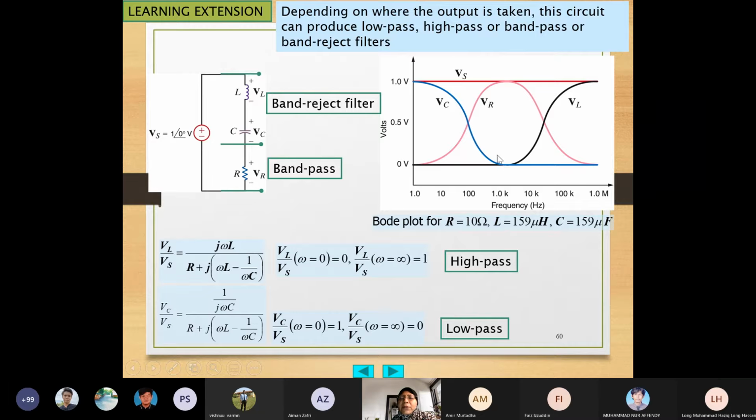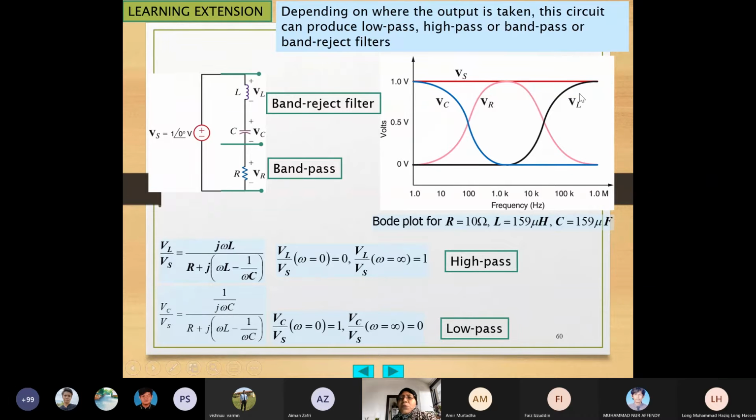So you take this one as cutoff. So you will have this as a low pass response. But for inductor, anything below a cutoff is 0, but above it is going to be a value of 1.